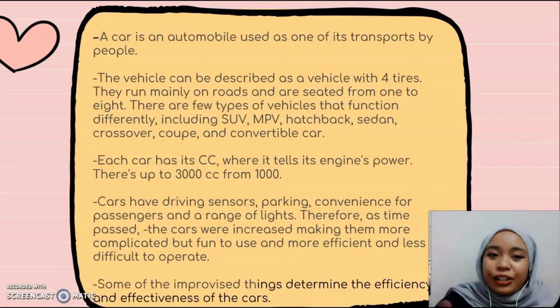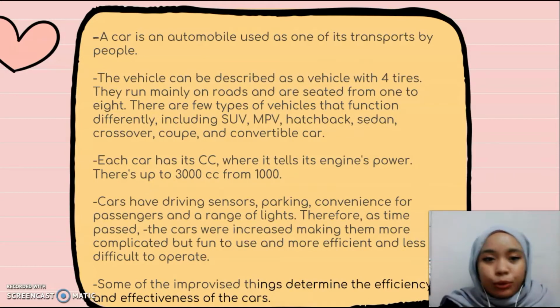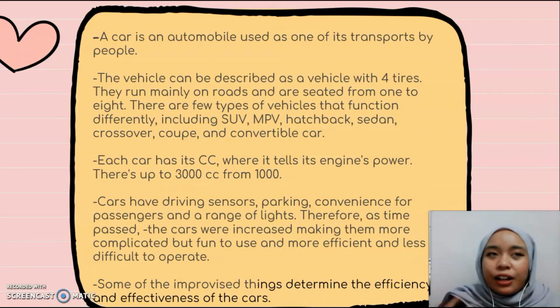And each car has its own cc, which is cubic centimeter, and it can be up to 3,000. Or people love to say it in this way, for example 1.3 cc, 1.6 cc. That is a cubic centimeter. And cars have a few characteristics, for example, driving sensor, like I'm stating here.